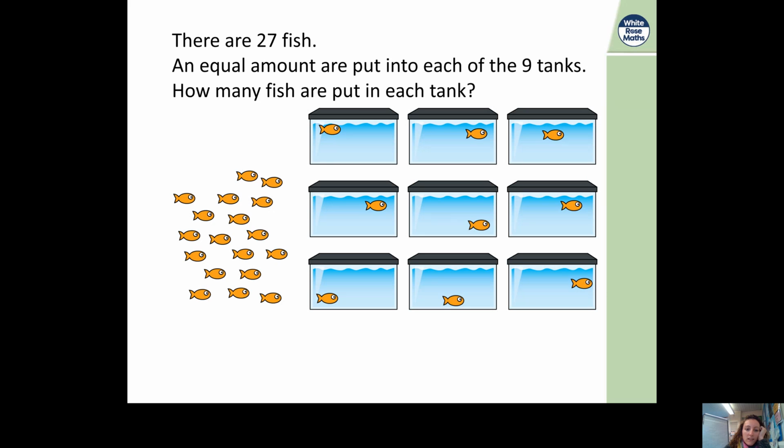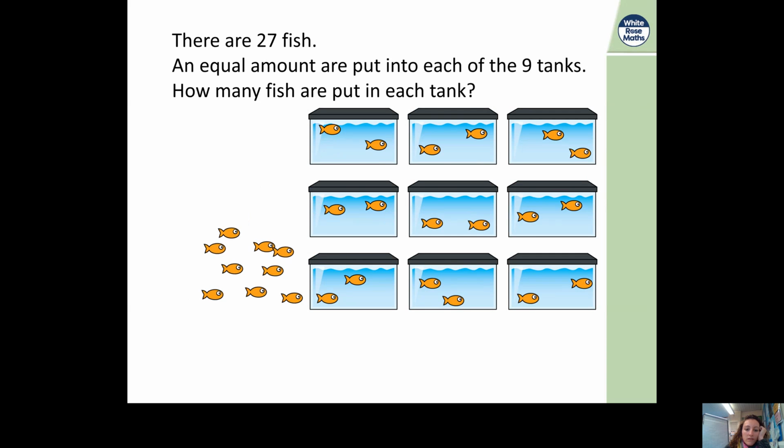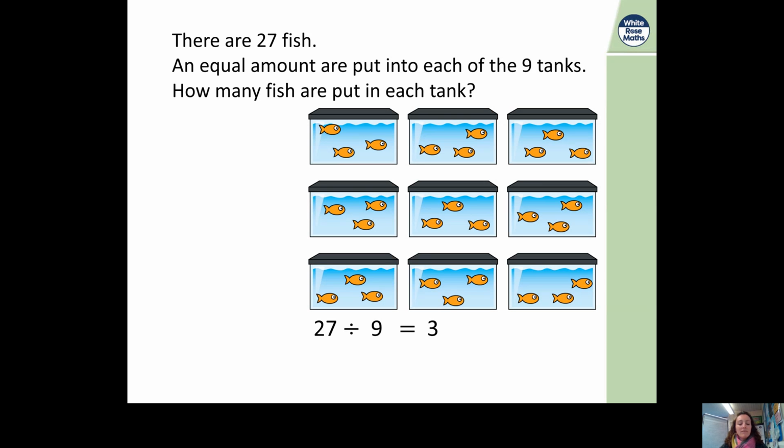So that's 1 in each tank, 2 in each tank, and then 3 in each tank. So we can show the division. 27 divided by 9 equals 3. 27 fish shared into the 9 tanks equally means there are 3 fish in each tank. Total number of fish, number of tanks, number of fish in each tank.